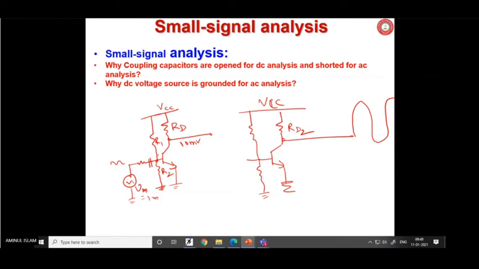So can you directly connect this output? You want to connect directly. Is it possible to connect like this? There is some problem, because this direct connection may disturb the biasing. Suppose here you want exactly 1 volt.